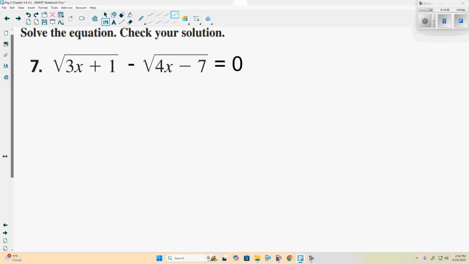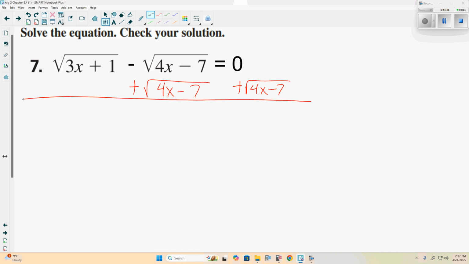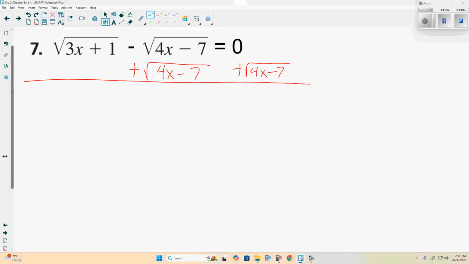But especially if we have two terms, what we can do is add the square root of 4x minus 7 to both sides.